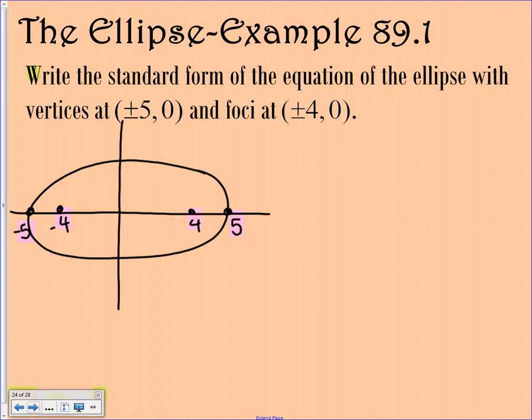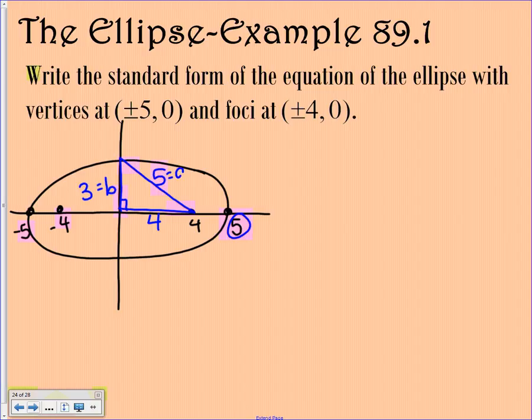And so we want to draw out our triangle. We know this base is 4, the height is B, and the hypotenuse is the same as our A, which is 5. And so you can find your B using Pythagorean theorem. Your B is going to equal 3.